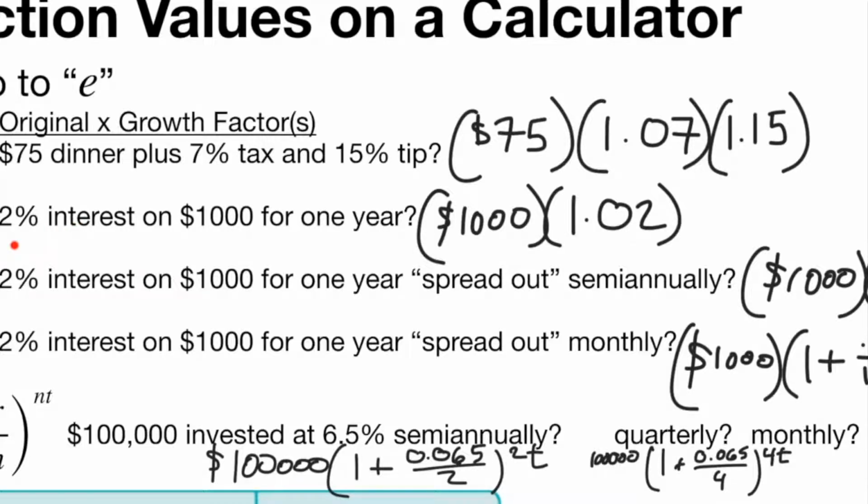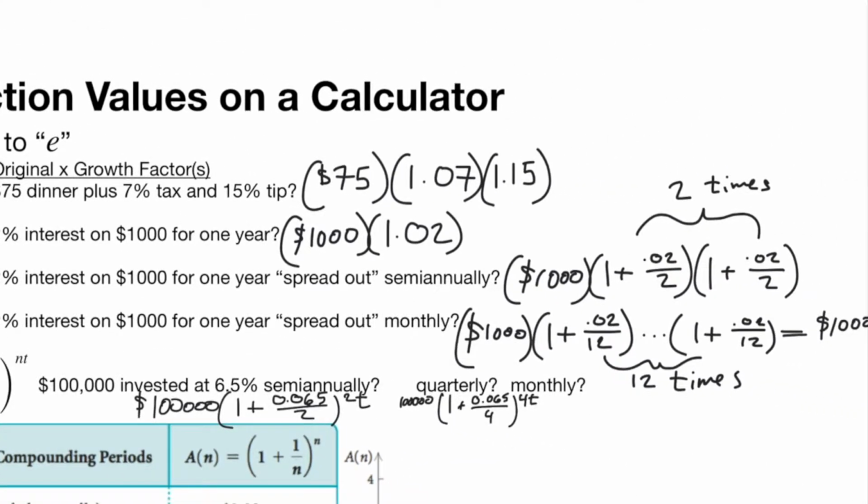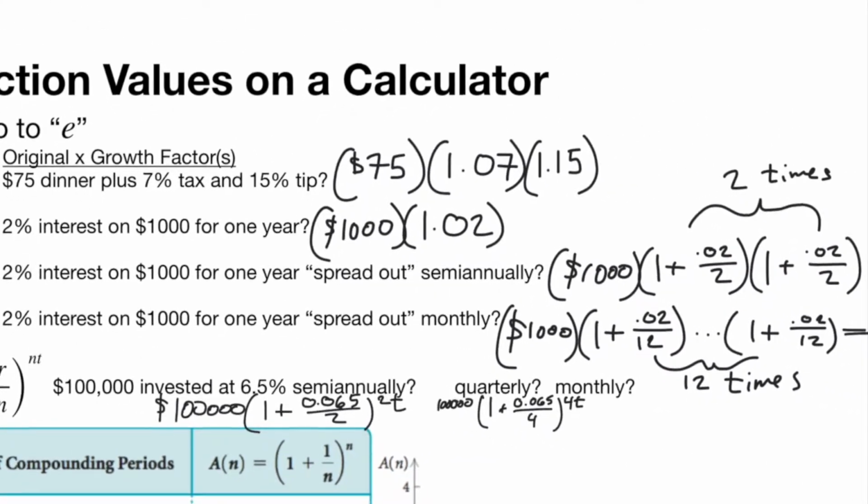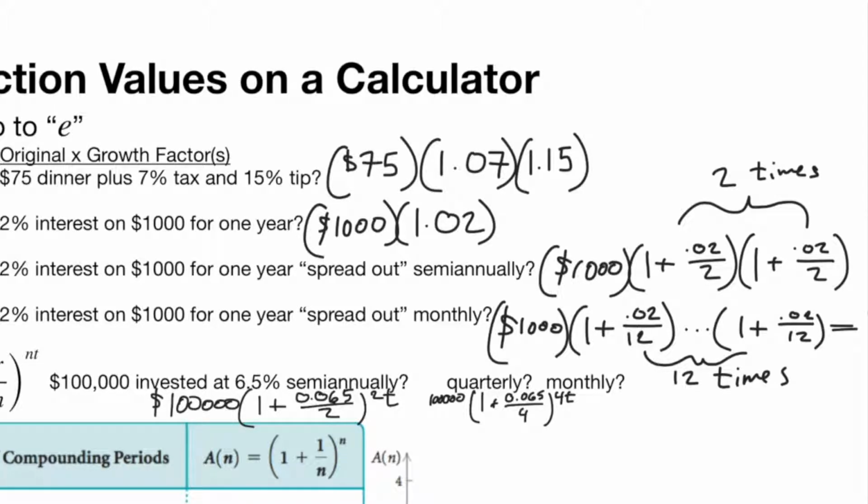What if you invest money at 2% interest on $1,000 for 1 year? Your growth factor would be 1.02. $1,000 times 1.02. What if you did the same thing and you spread out the interest semi-annually? Meaning, you're going to get this 2% interest spread out over the course of a year, semi-annually.